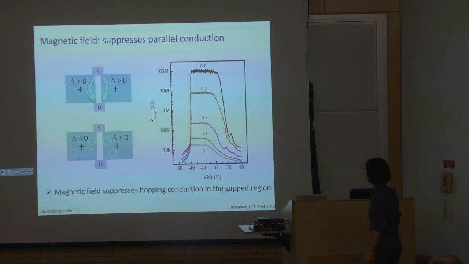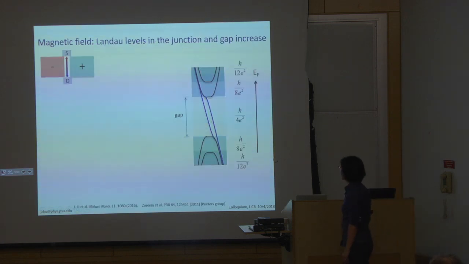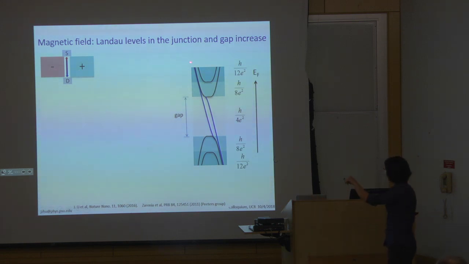Sorry. Okay. So for this configuration where I do have the kink states, they live inside the gap. But if I turn on a magnetic field, I also get Landau levels inside the junction, and those are the states that I've drawn over here. Now if I change my Fermi level, inside the gap I have a resistance of h/4e squared.